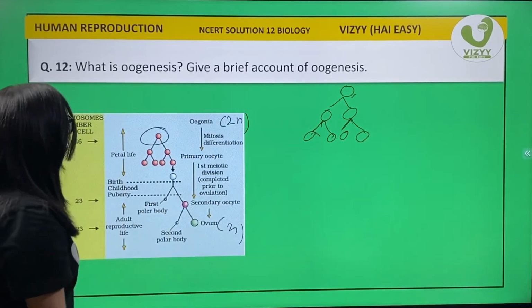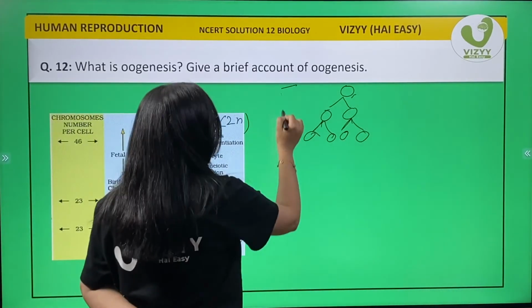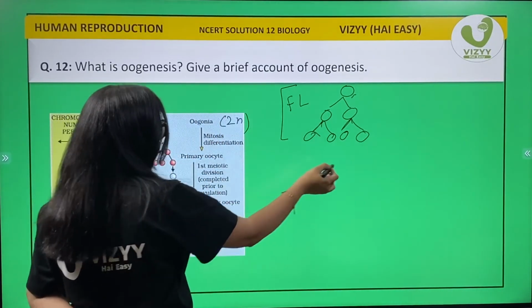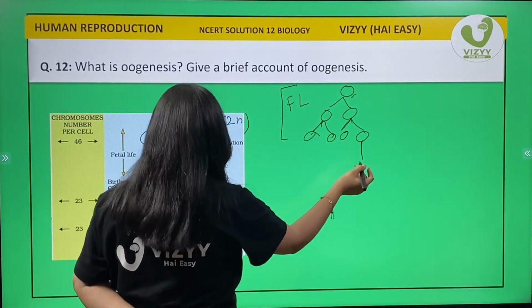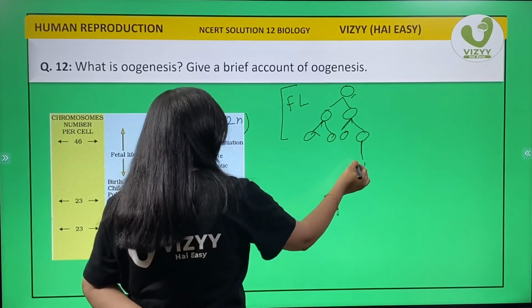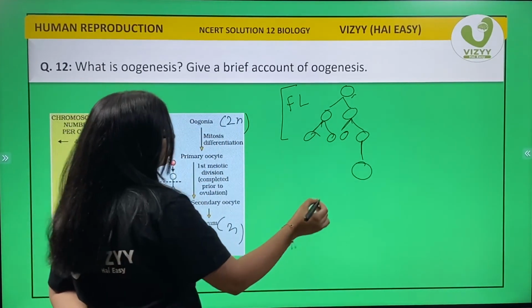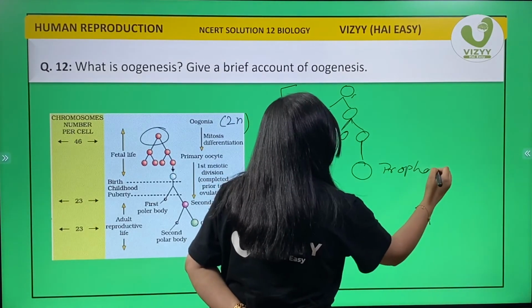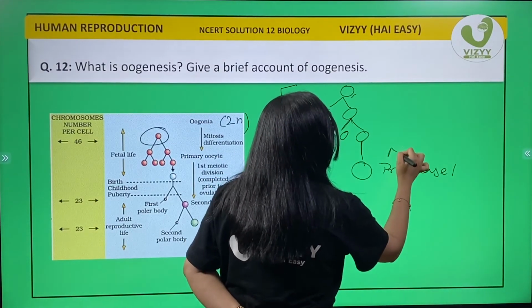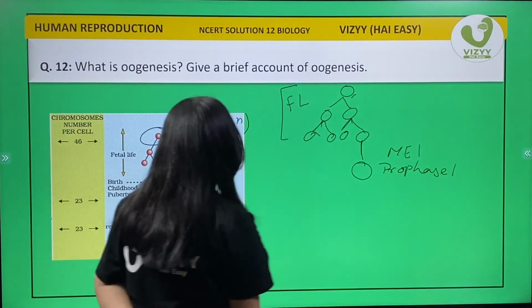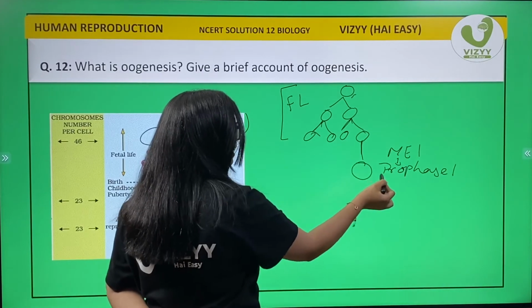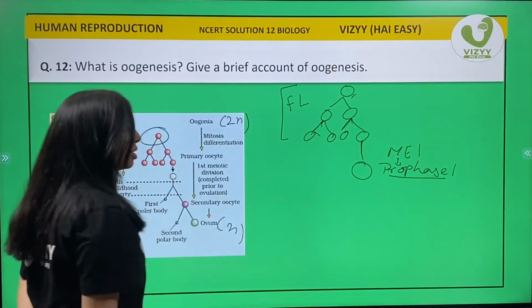This occurs in fetal life. Now this one cell will get into prophase 1 of meiosis 1. So first is mitotic division, and it will get arrested in prophase 1.